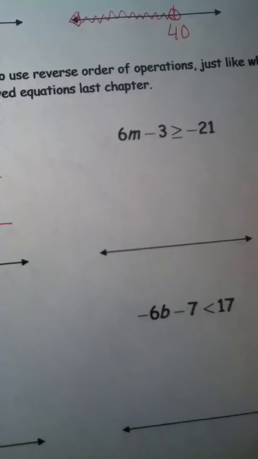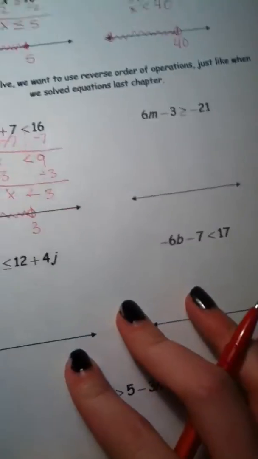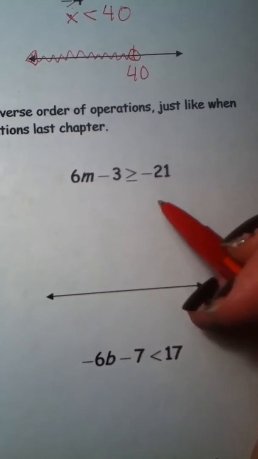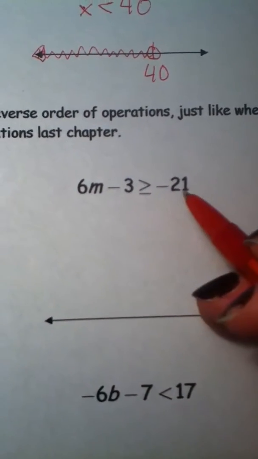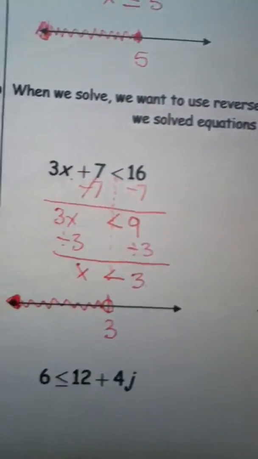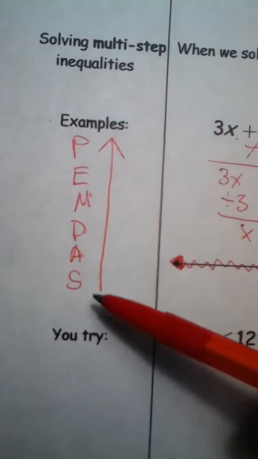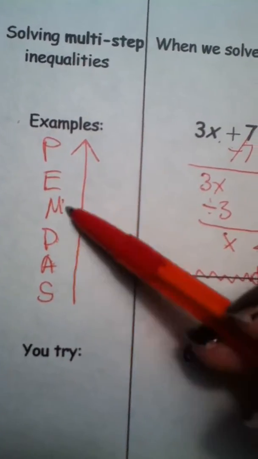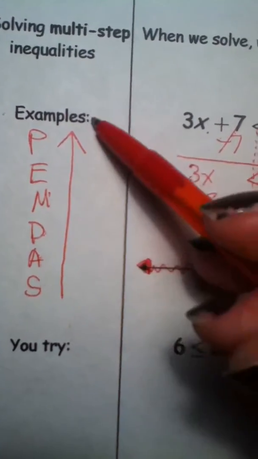Alright, moving over to the next one here. We've got 6m minus 3 is greater than or equal to negative 21. Now think, reverse order of operations. Okay, so going back to our PEMDAS here. Adding or subtracting comes first, then multiplying and dividing. We're going in the opposite order.